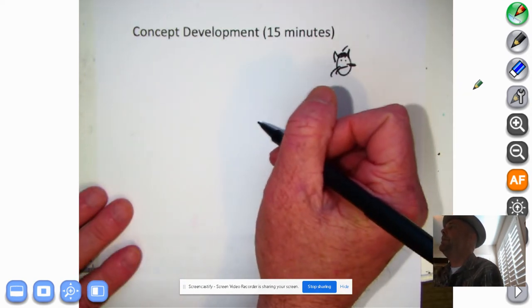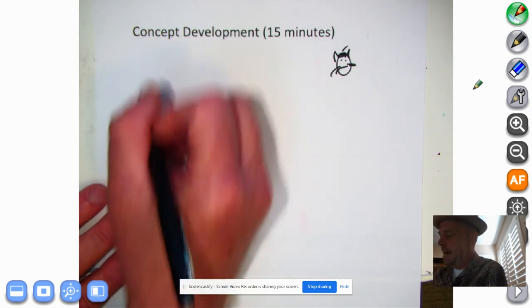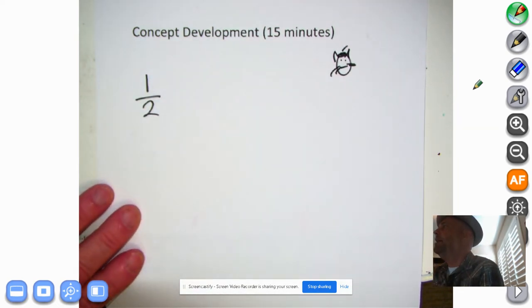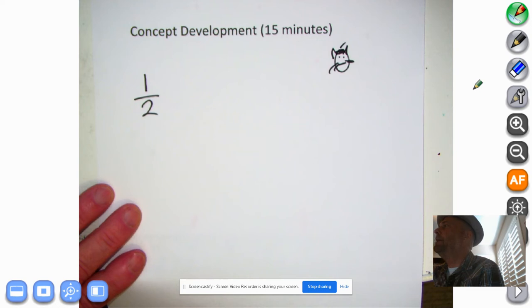We're going to start off with 1/2. So you write 1/2 as well on your whiteboard or scratch paper. Now, it's written in fraction form. What does the 2 mean? Well, think about that. 2 is the number of equal parts that the whole is cut into.